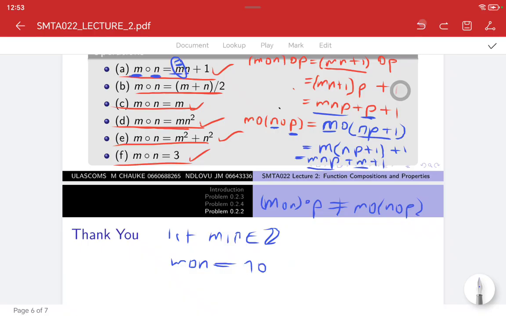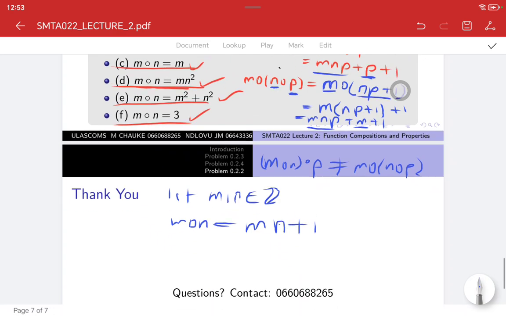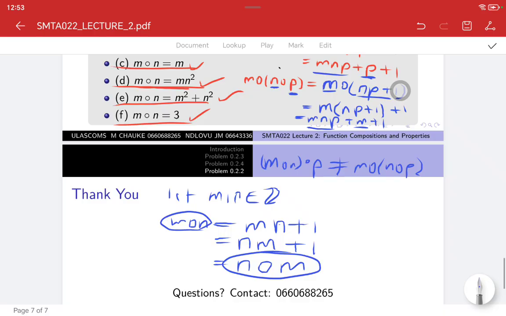Then here I'm just going to take one side first and show it. One side is given that this is MN plus 1. Then if I commute these two, this simply defines N O M. You see right there? Hence, we see that this is equal to this. Do you agree here?